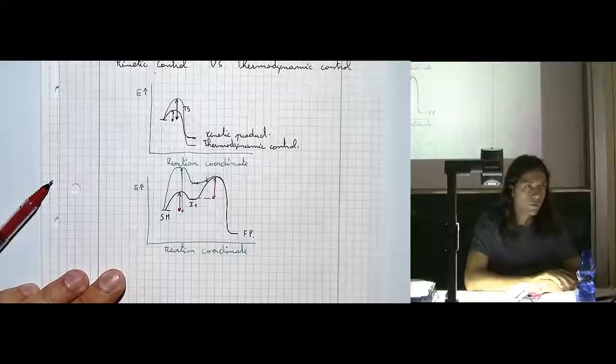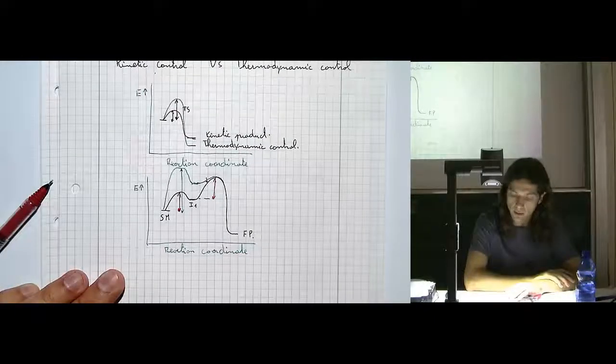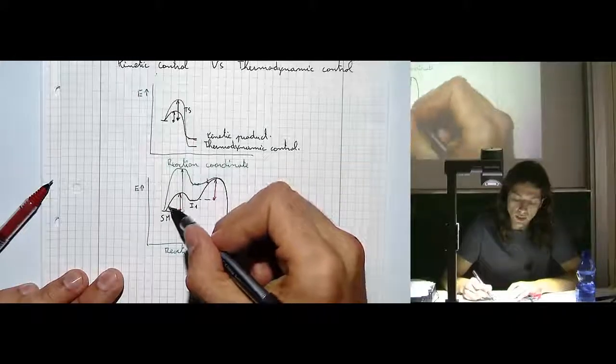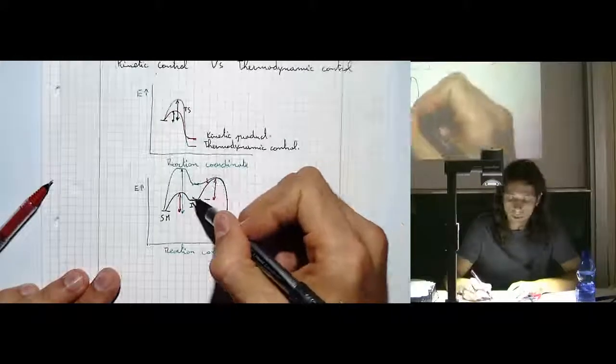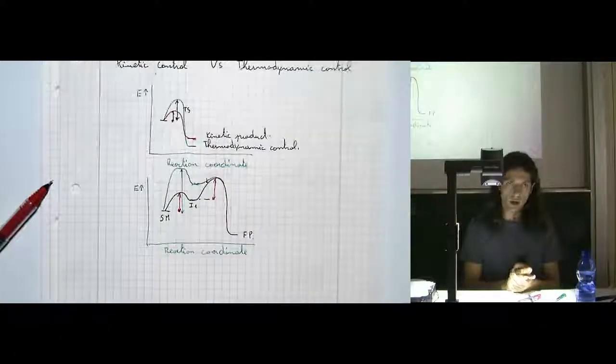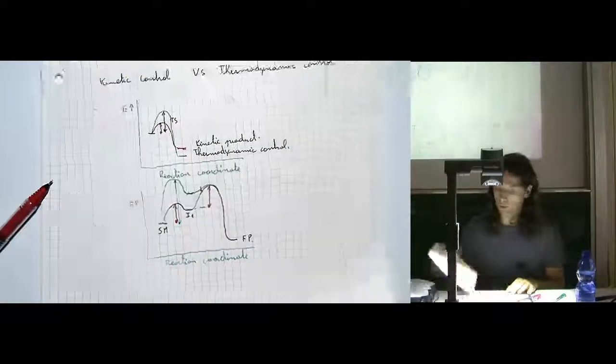Therefore, the formation of the beta ions was the rate limiting step. Now we have a situation which is more like this. So it won't be the reaction with the carbonyl group. It will be the next one.